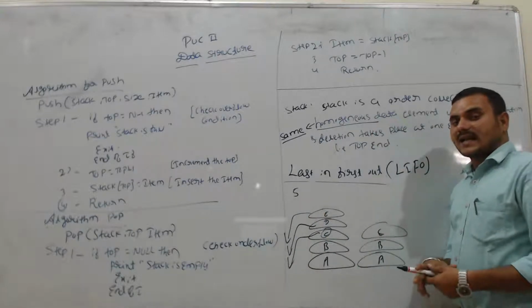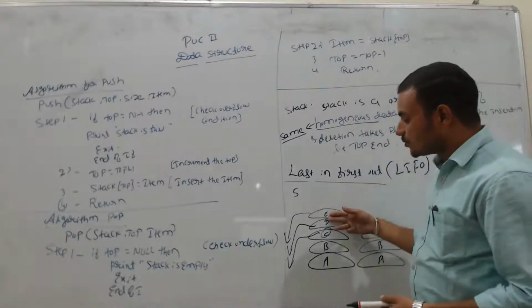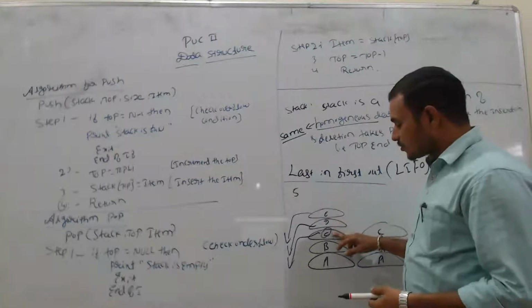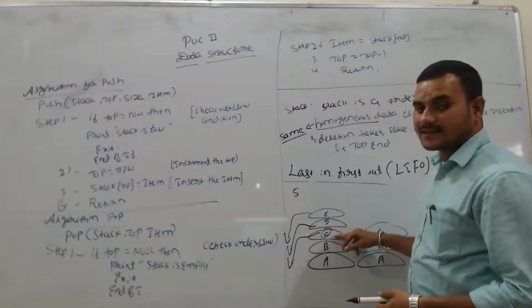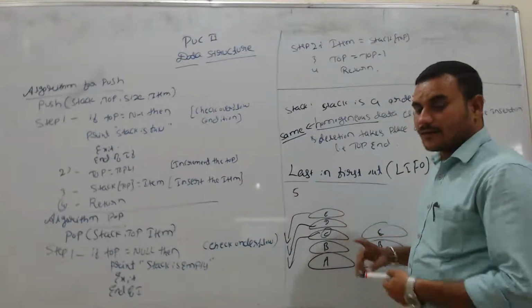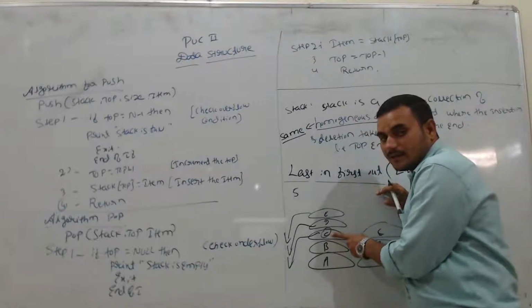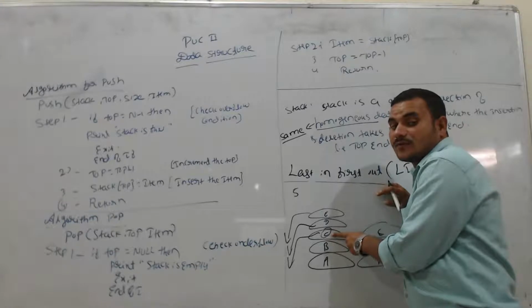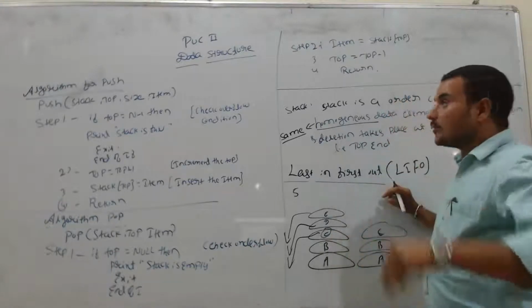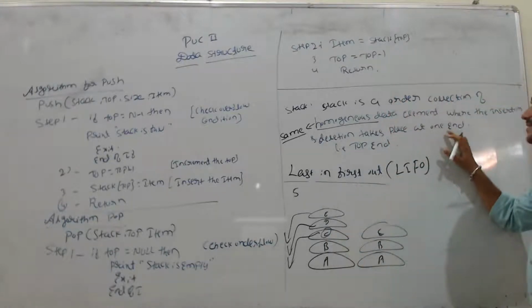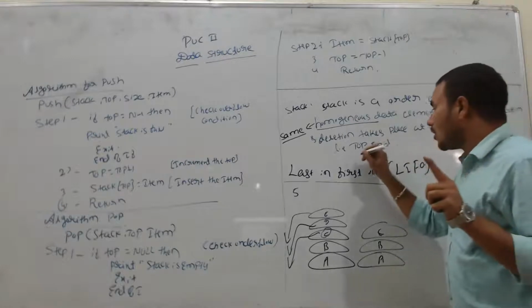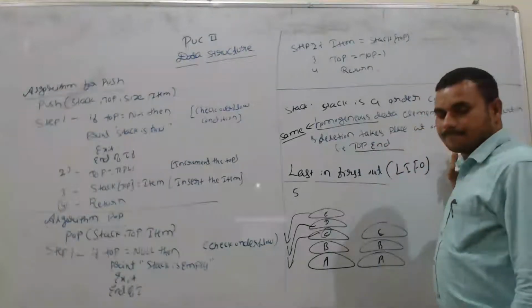Right? Unless you delete these two elements on the upper side, it's not possible to directly delete this C element. You cannot delete this C element directly because our definition works at the top end only. Insertion and deletion take place at one end, that is the top end.